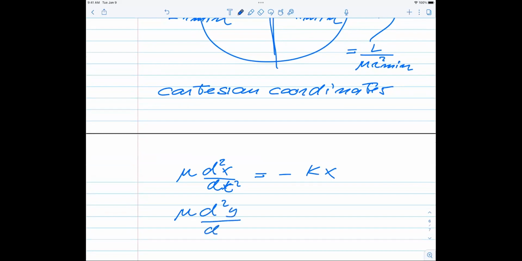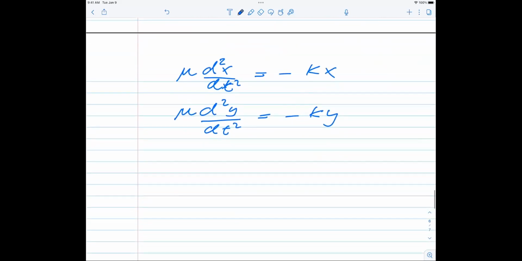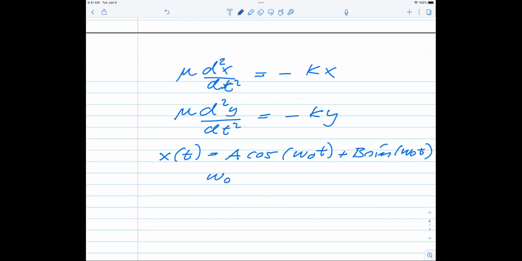So the two equations separate, and this is one of the nice features of the harmonic oscillator, which means that we will get a solution of the type x of t given by some constant a of cosine, and then we define this frequency again, and we have a b, and we've seen this solution many times now, where this omega is given by the square root of k divided by mu.